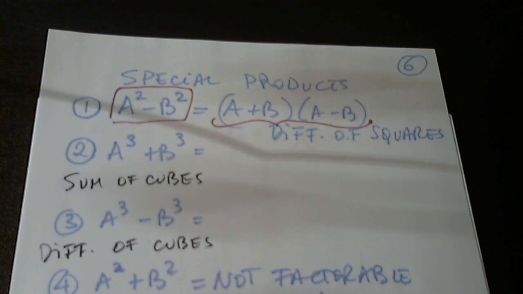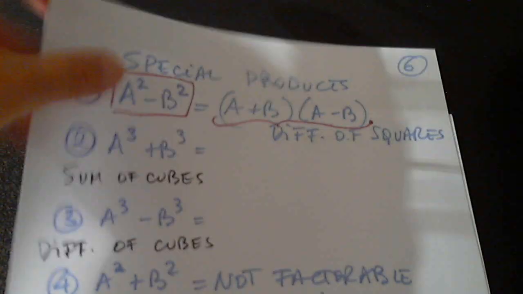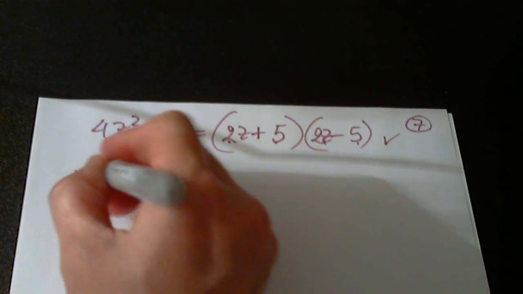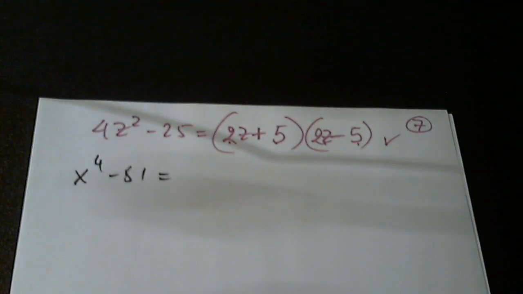Good job. Okay, so let's look at x to the 4th minus 81. As I said, it took me 3 minutes to write those down, but now it's a blink.